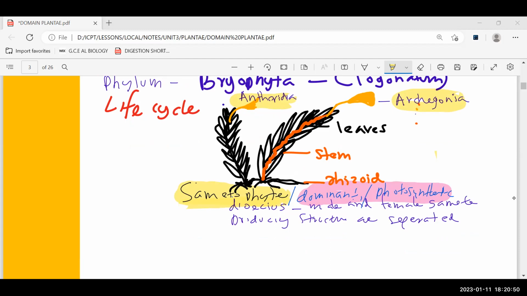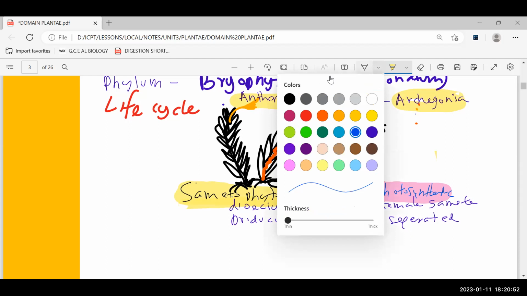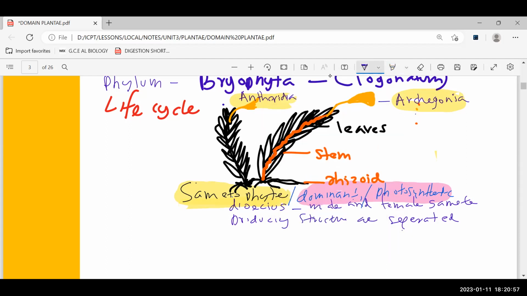Dioecious, yes. The meaning is given. Dioecious means male and female gamete producing structures are separate, not in one unit. So if we take a plant that has a flower, as you may notice from your basic O-level knowledge, the plant has both male and female parts in one flower.